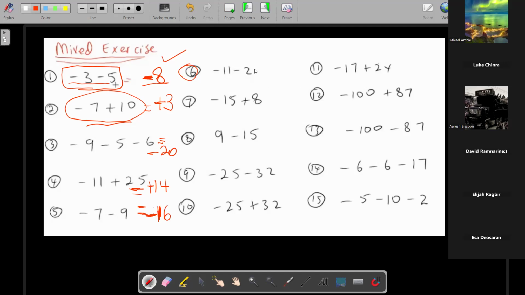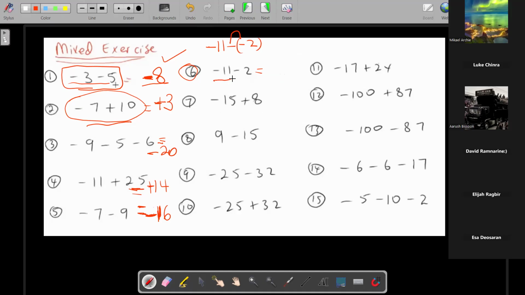Okay, so -11 take away -2. Look, -11 take away -2 is this question here. Otherwise, change the question, right? It's very important if you're making a mistake now to fix it, right? So this is another way of saying -11 take away -2.